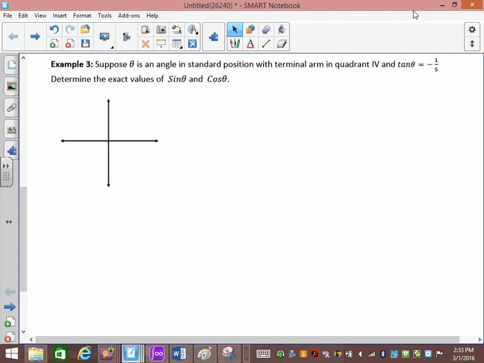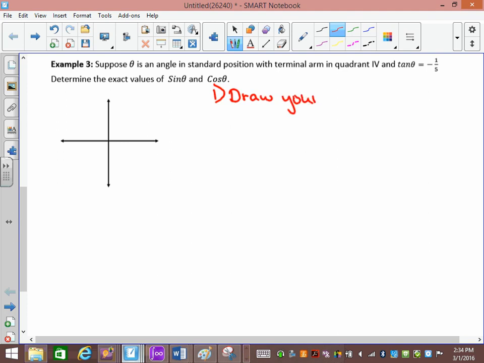So the first thing you're going to do is draw your terminal arm in the right quadrant. So you're going to draw your terminal arm in the quadrant given.